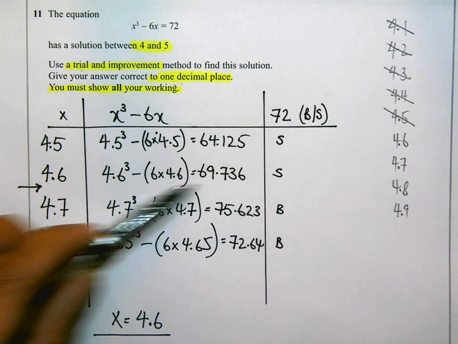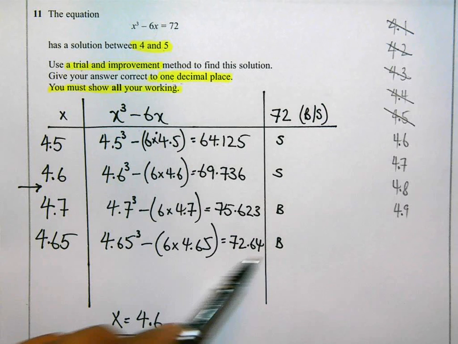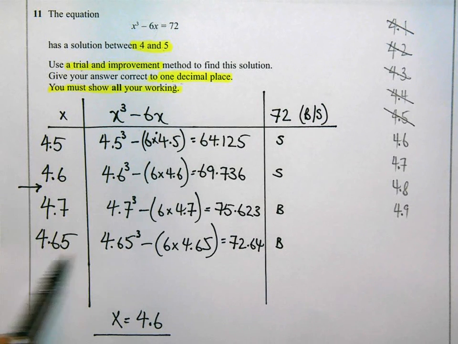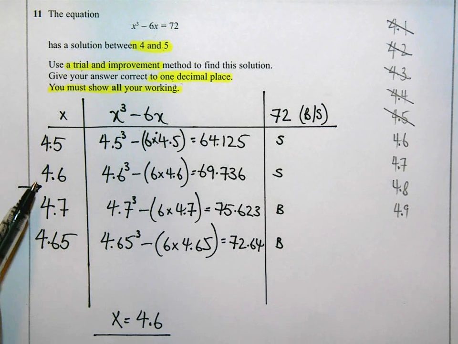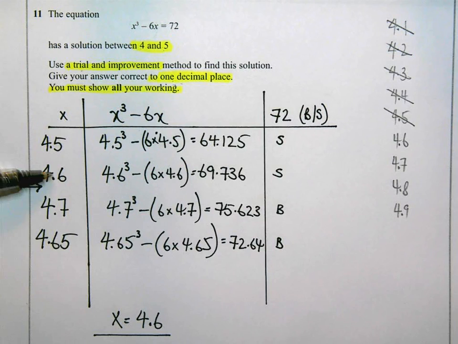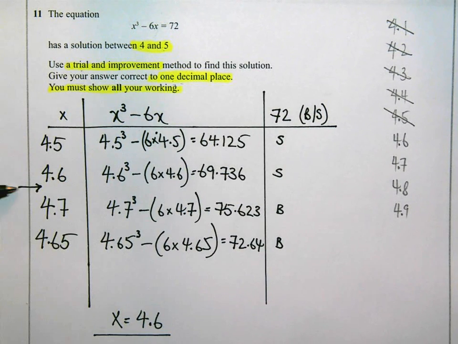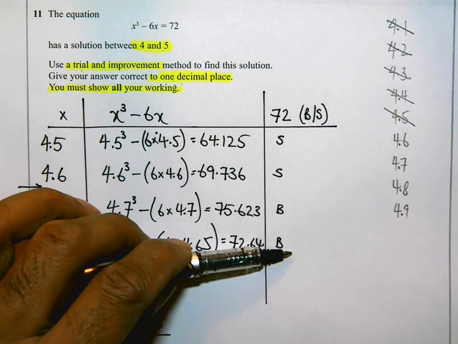However, to get an extra mark in this question, you do need to put in this line of the halfway number between 4.6 and 4.7. So make sure you do this wherever it applies. When you see the values change from too small to too big, get the number that's halfway between them, and make sure you try that. If you don't do this, you're not going to get full marks.